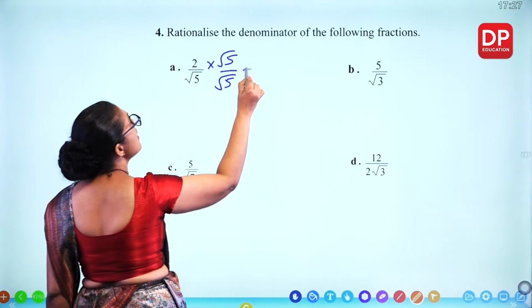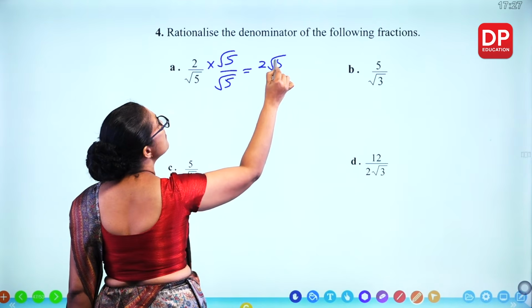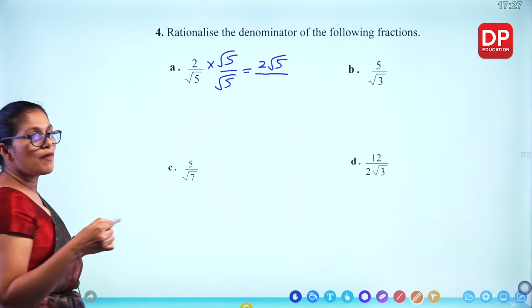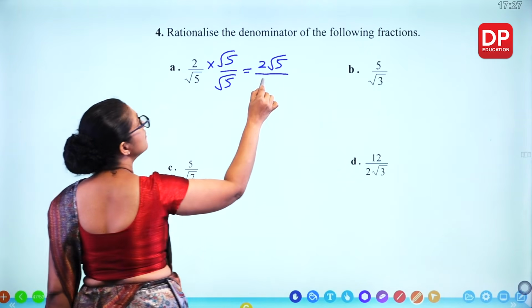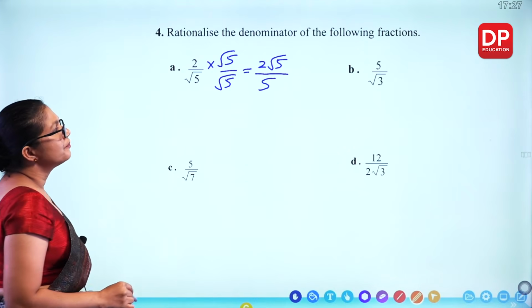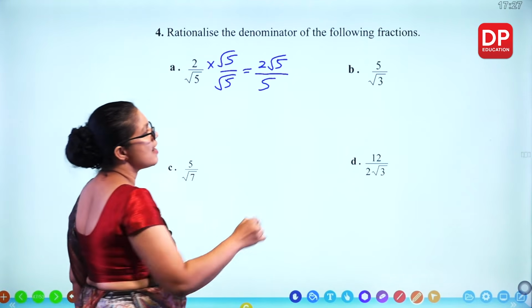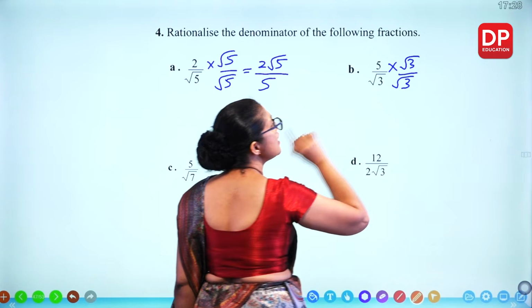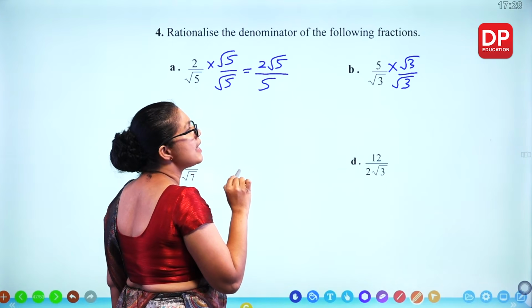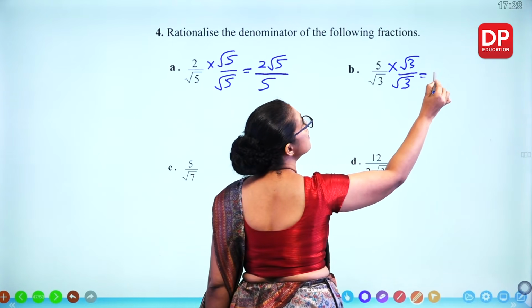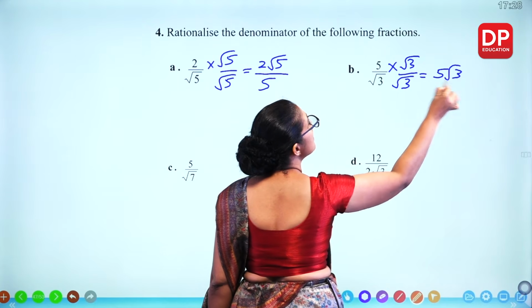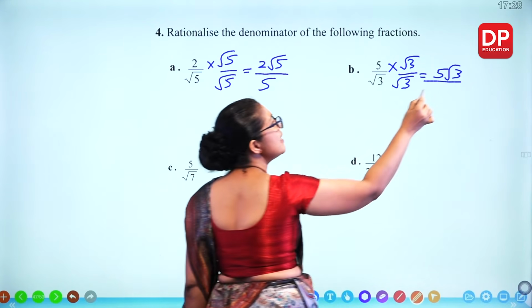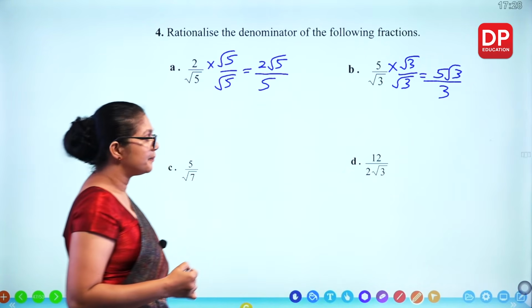What happens there? 2 root 5 in the numerator, you get root 5 times root 5 is 5. What about the second one? Rationalize the denominator. Multiply this by root 3, both the numerator and the denominator. So what you get here?